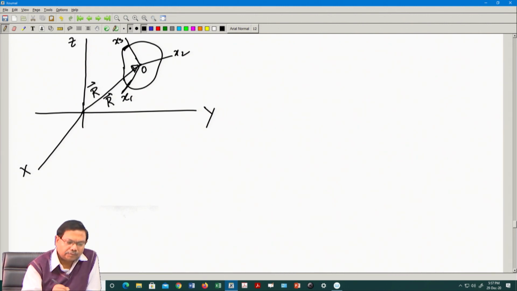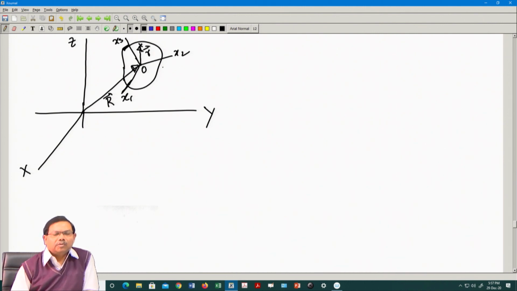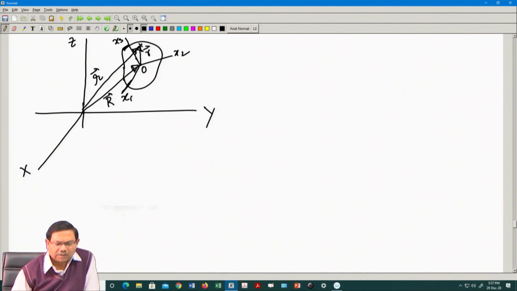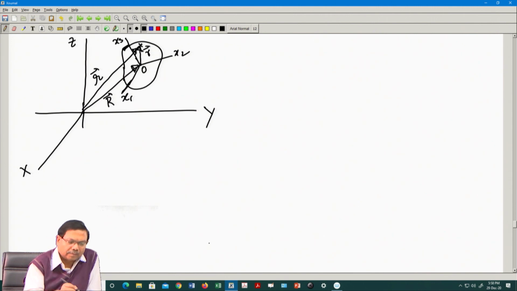I write here, and let us consider any point on the rigid body. So, it has some coordinate r with respect to this moving frame of reference, which is fixed at the center of mass, and it has another, let us say, with respect to the fixed frame, its radius vector is r, written differently. Okay.